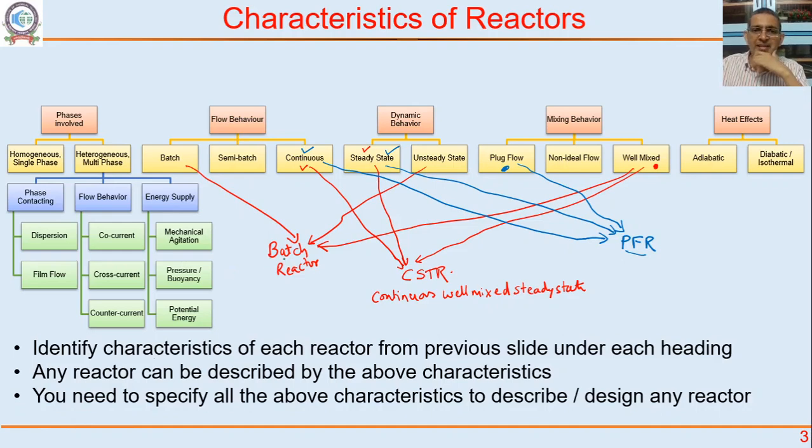Whereas when you said batch reactor, you're only saying about the flow behavior. You automatically at the back of your mind understood that it is unsteady state and it is well mixed.